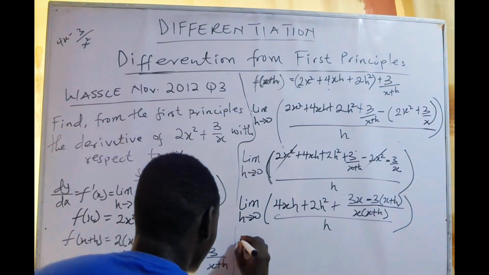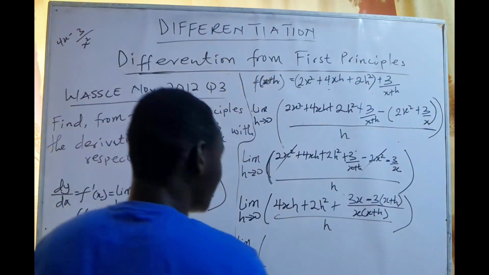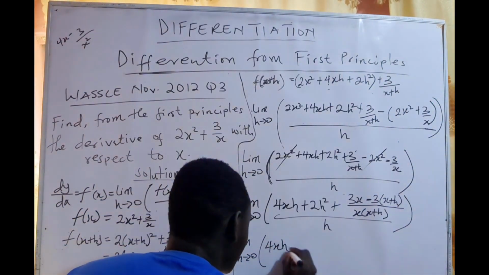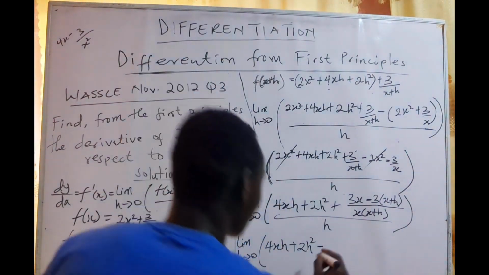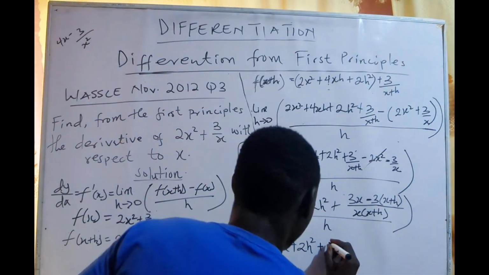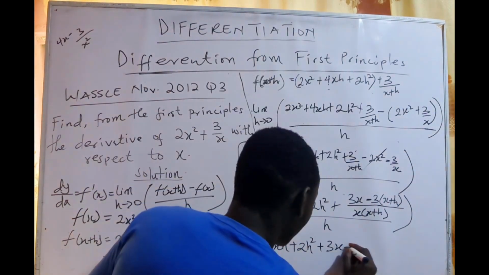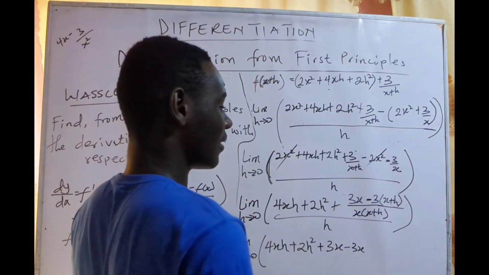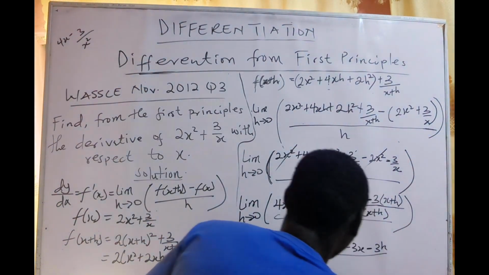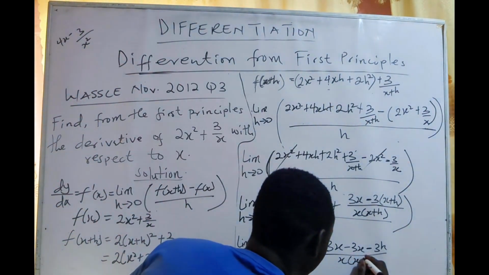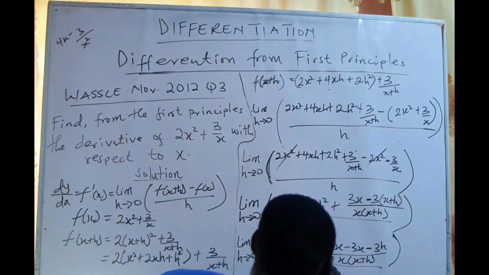Our limit as h approaches 0 is going to be 4xh plus 2h squared plus 3x. Negative 3 times x gives us negative 3x, and negative 3 times h gives us negative 3h, all on x multiplied by x plus h, all on our h.